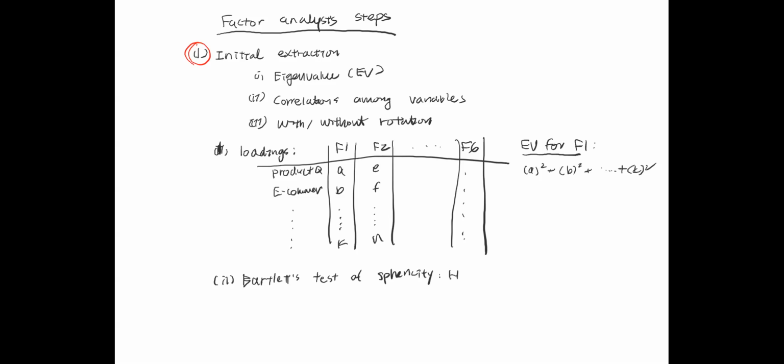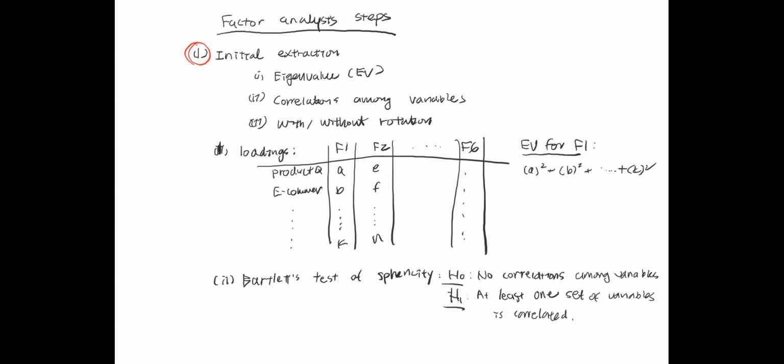Here, the null hypothesis is no correlation among the variables, and the alternative hypothesis is that at least one set of variables is correlated. We are testing this null and alternative hypothesis using Bartlett's test.